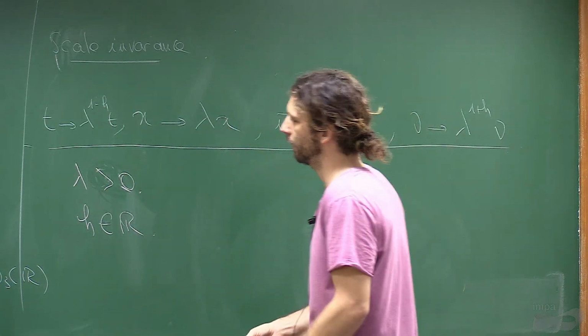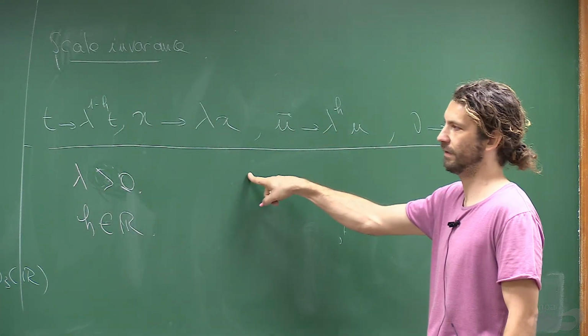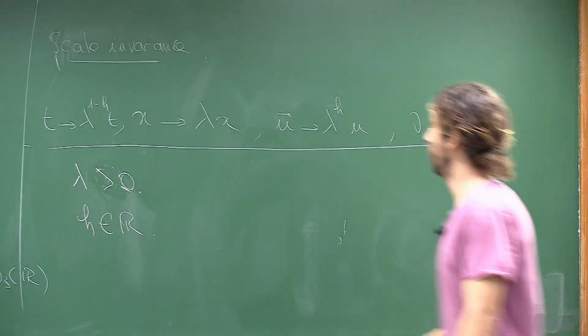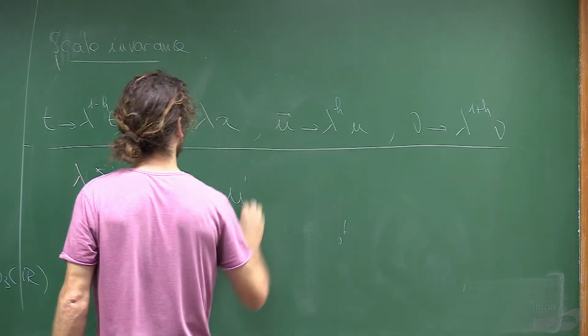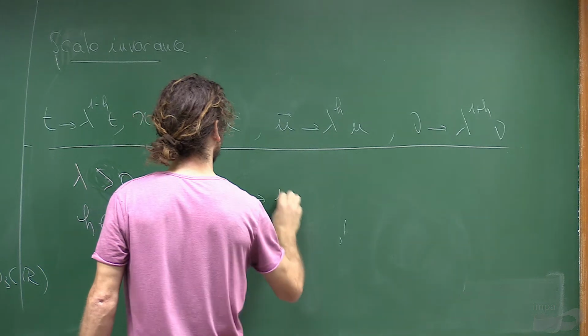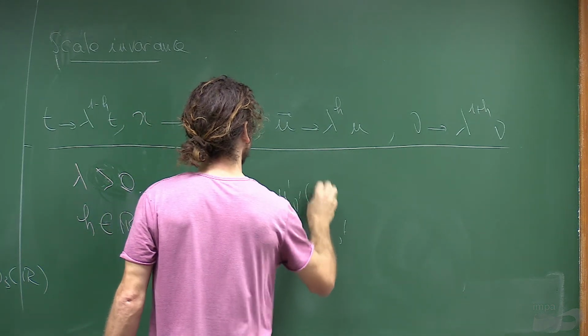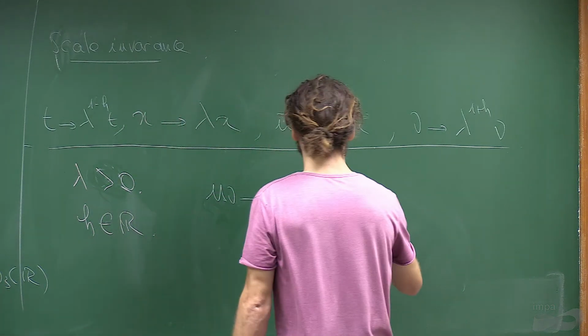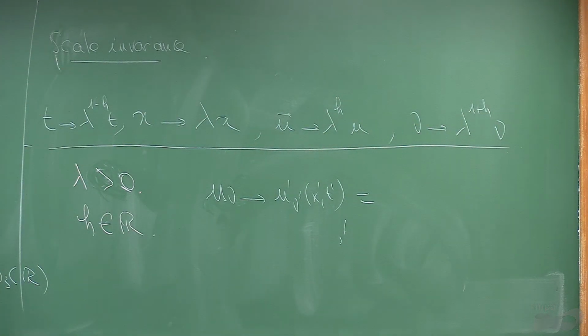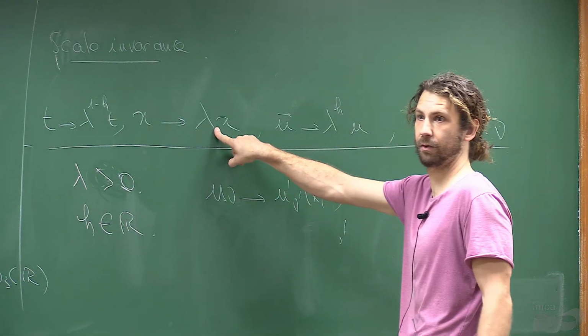And again, if we write this in terms of the new field, u nu gives u prime, and u prime of x prime t prime equals, again, this is x prime.